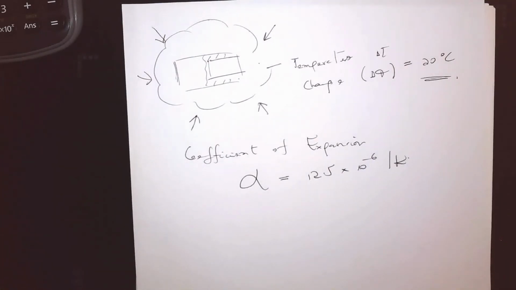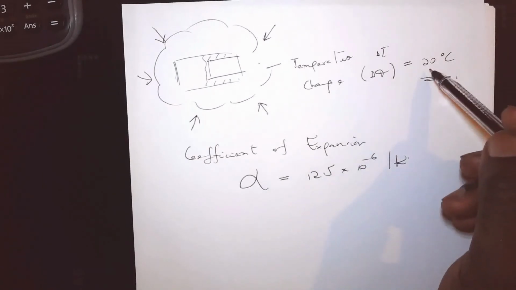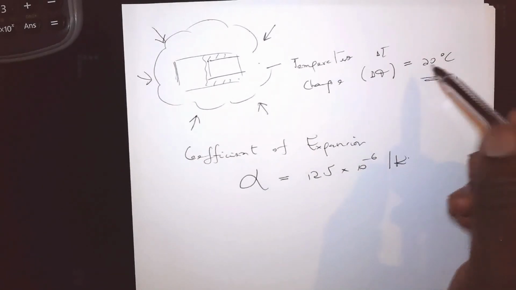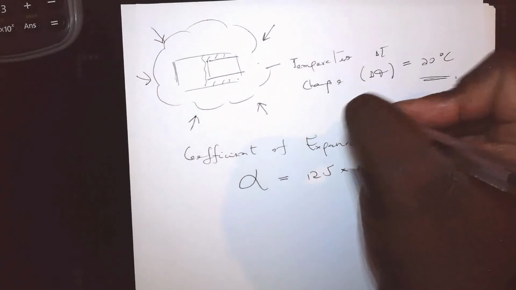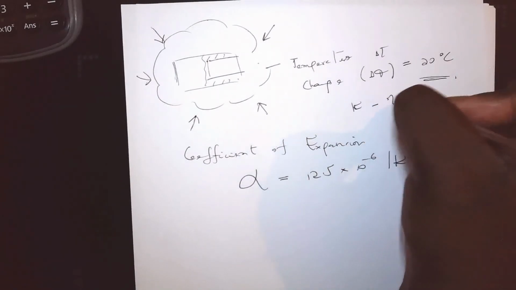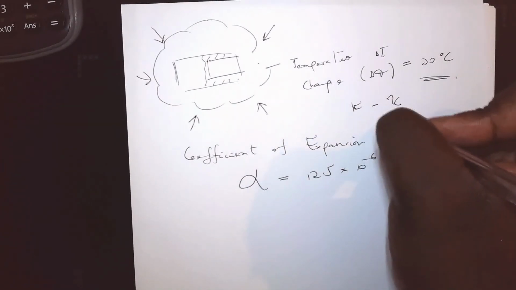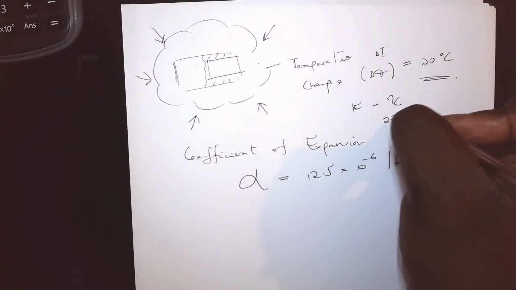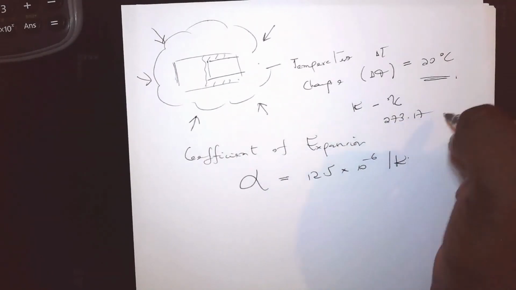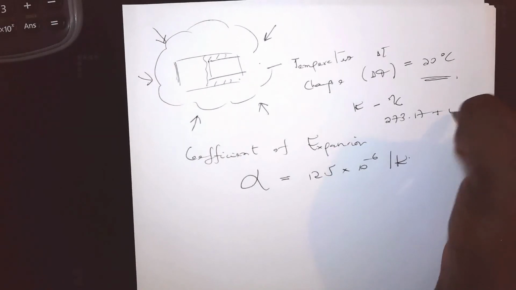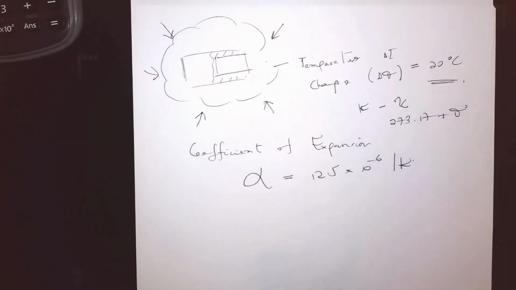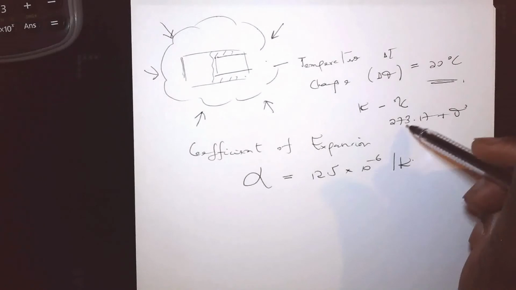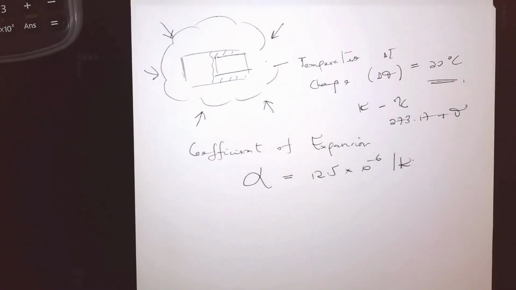Now, it doesn't really matter here, because converting from Kelvin to degrees C just means adding 273.17, I believe, to the temperature in degrees C. So the difference takes the Kelvin component out, so we don't need to worry too much about that.